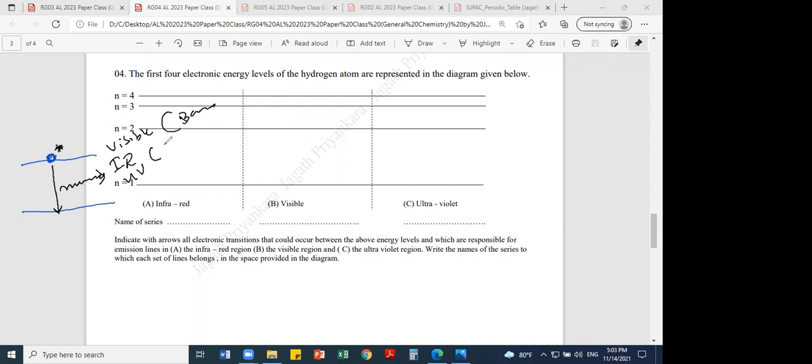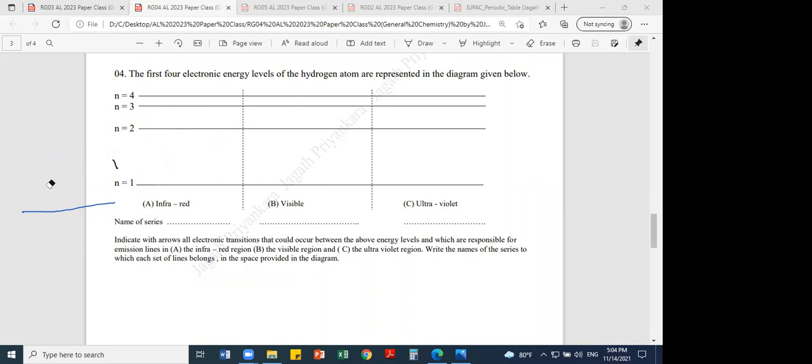If the frequency and the energy match with the infrared region, then we call it Paschen. If this falls to the UV region, we call it Lyman. UV region is higher energy, IR is low energy.